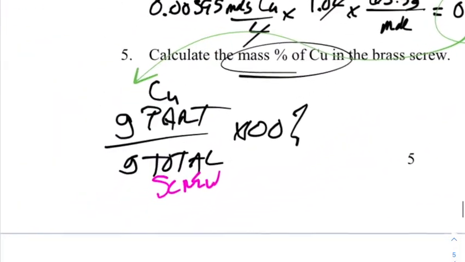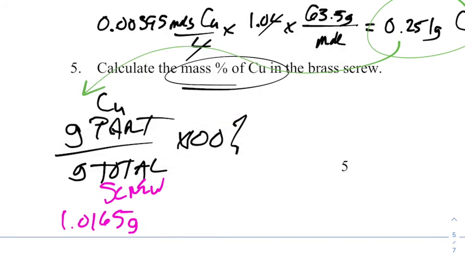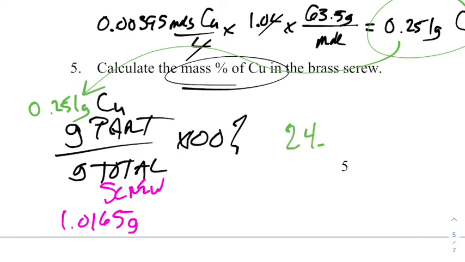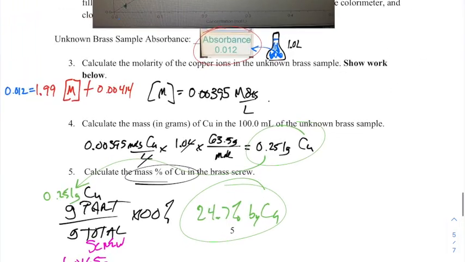So the total mass of the screw was 1.0165 grams. The part on the top was 0.251 grams. So 0.251 divided by my 1.0165 and then reduced to 3 significant figures gets me in the neighborhood of about 24.7% by mass copper. So according to our information, we've got just under 25% copper in that brass screw.